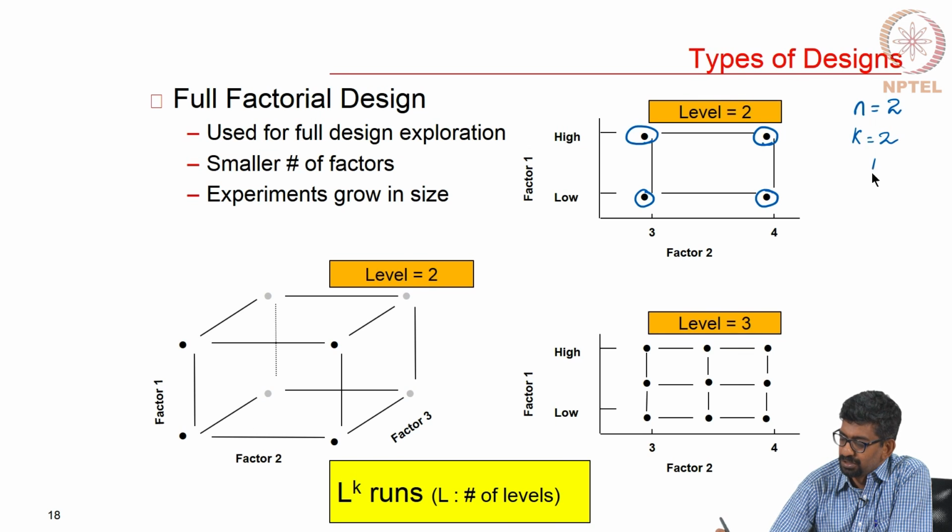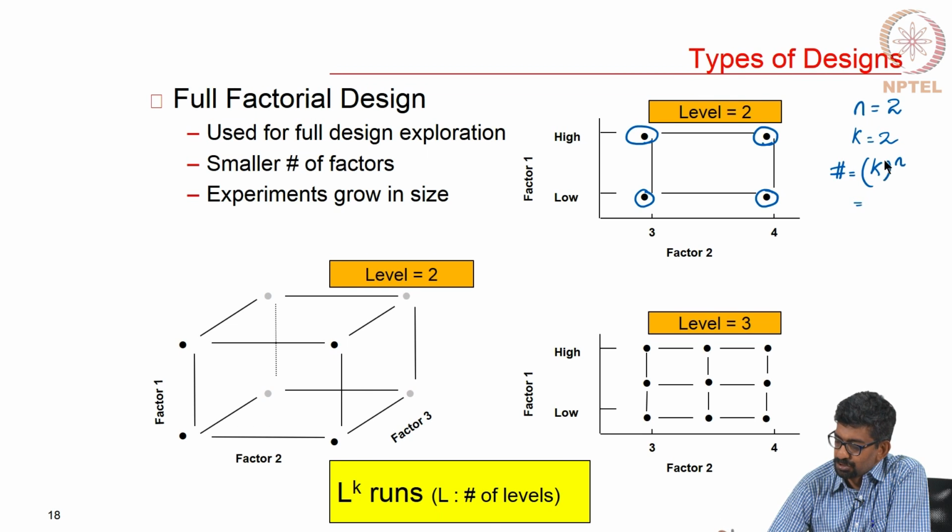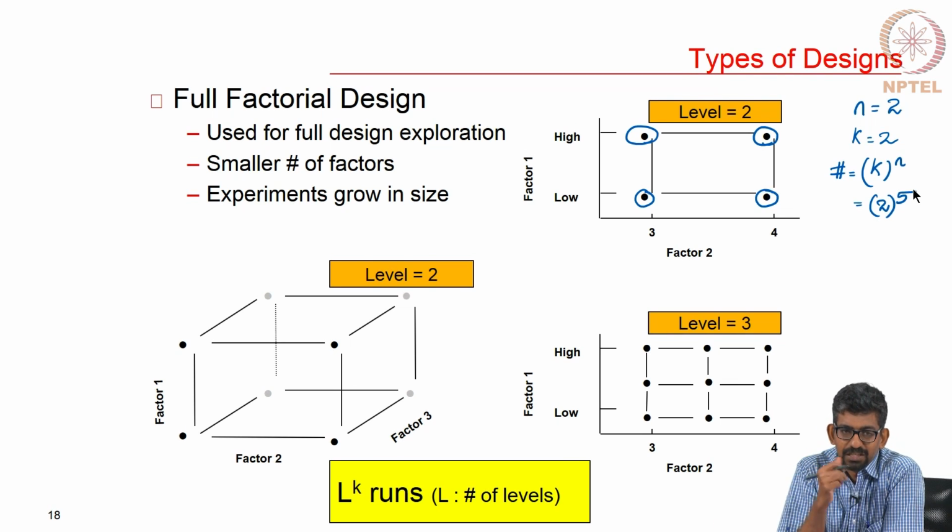The number of experiments is usually given as k raised to n. So, let us say that you retain your level to be 2, but you increase your number of variables to 5, this is acceptable, right. 5 is not too much. How many experiments do you need to do? You make it 7, how many experiments do you need to do? 128 experiments.